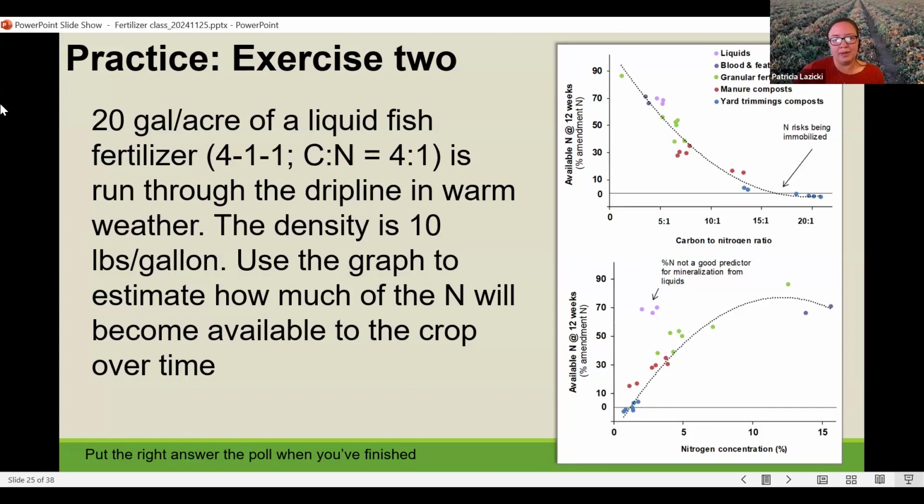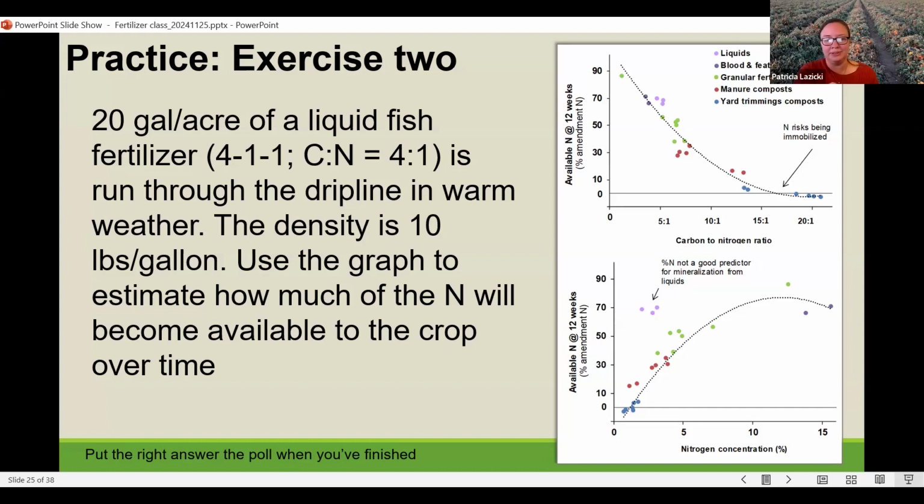And so what you'll want to do is calculate, first of all, 10 pounds per gallon, 20 gallons per acre. What's the weight of fertilizer per acre? And then use the rest of the information and the graph to calculate, first of all, how much N you're applying, and then how much of that will become available to the crop over time.